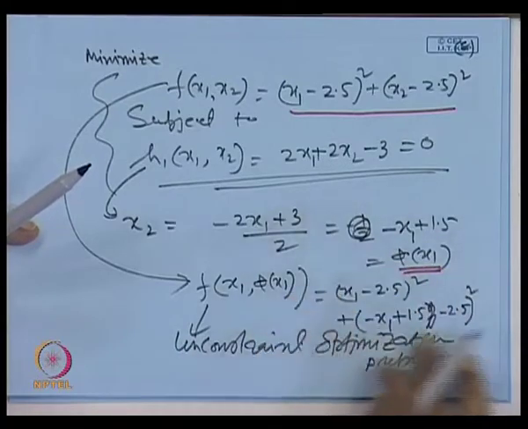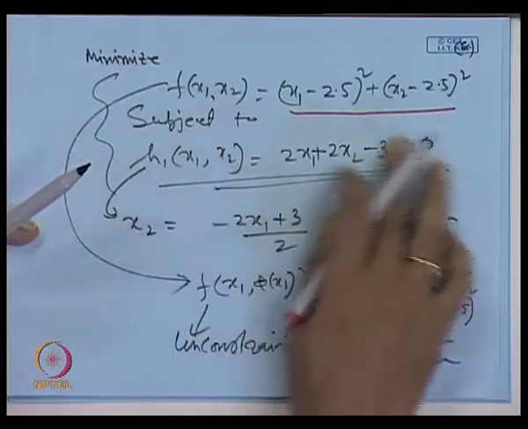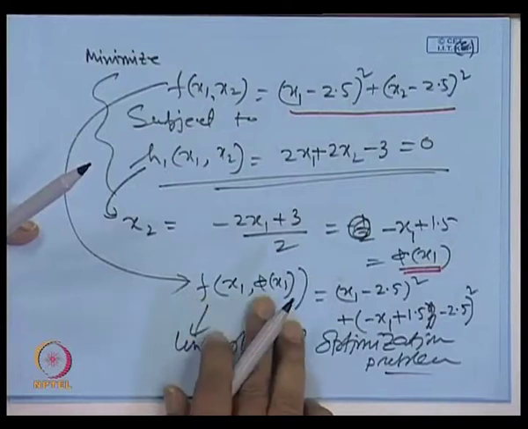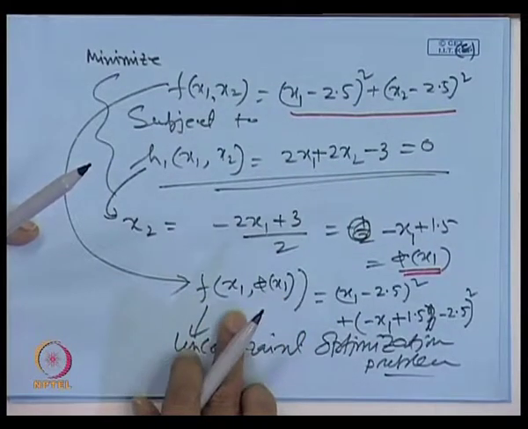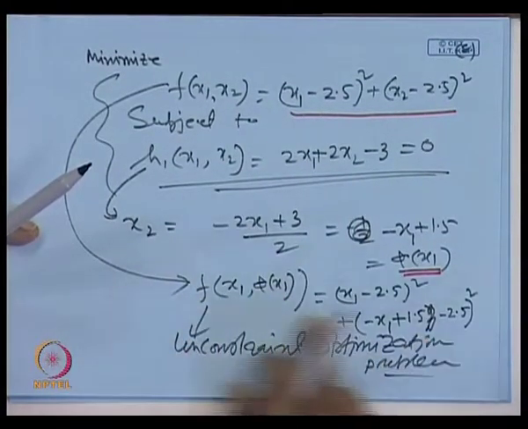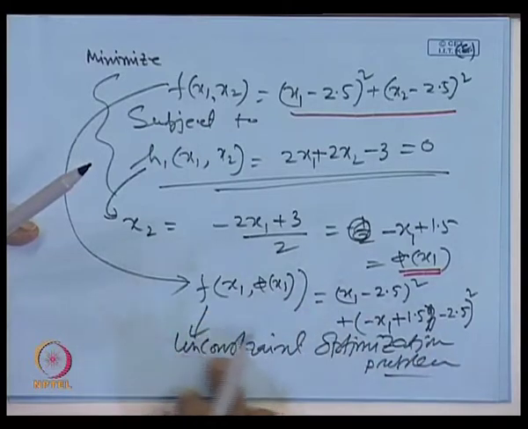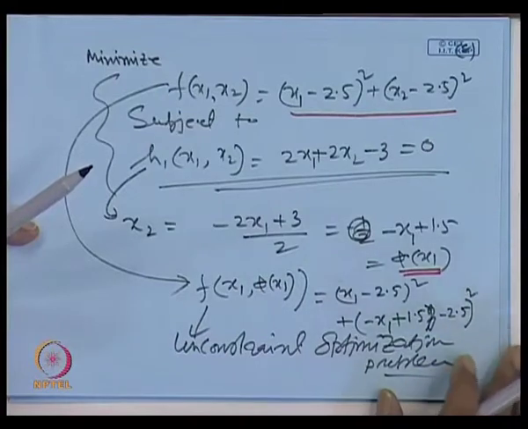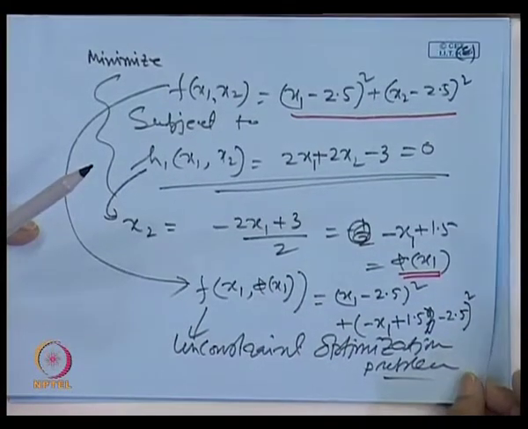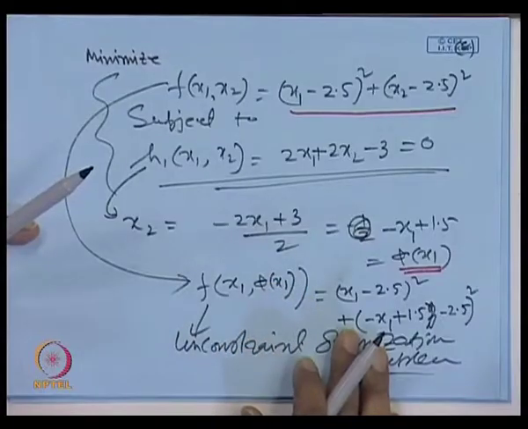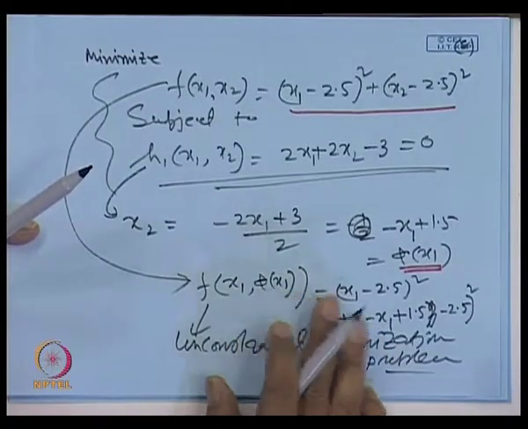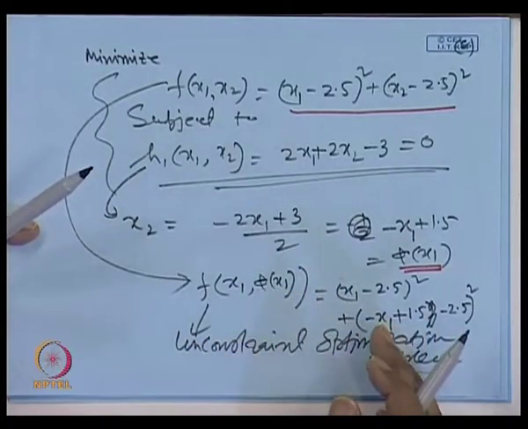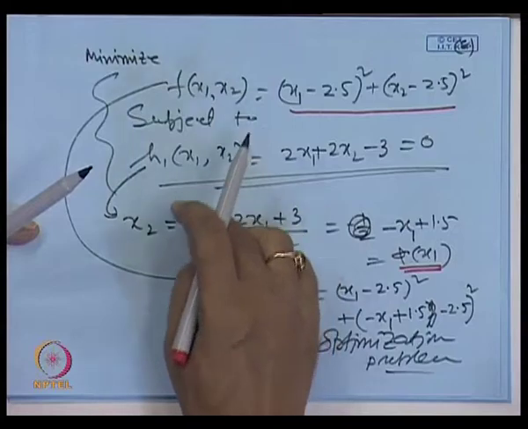So, now this equality constraint is merged into the objective function or cost function. It becomes an unconstrained optimization problem, which we can solve by our standard techniques, either the analytical method or numerical methods. But this type of elimination process is not easy when the number of variables is more than the number of equality constraints.